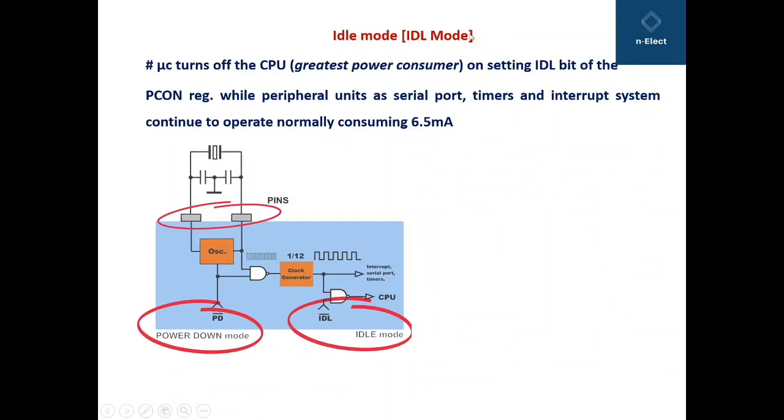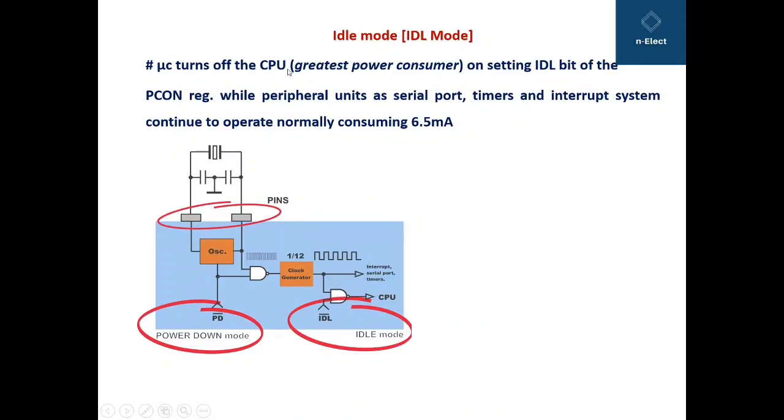The second mode, as we already saw, is the idle mode, represented by the IDL bit. So the microcontroller turns off the CPU in this case. Here you can see the IDL bit which can be activated and the CPU will be turned off.